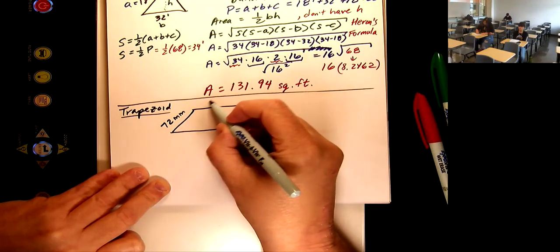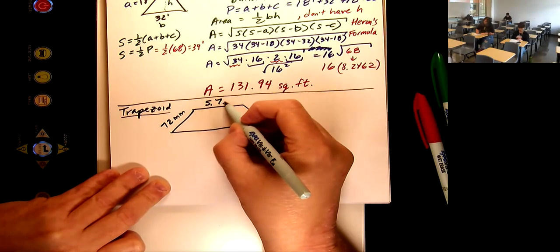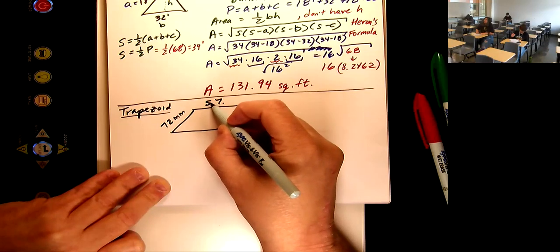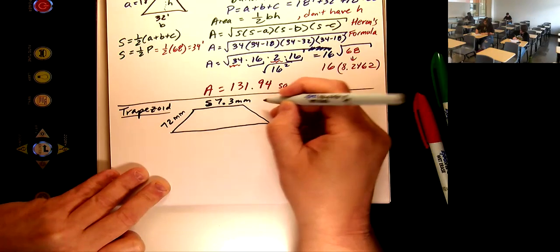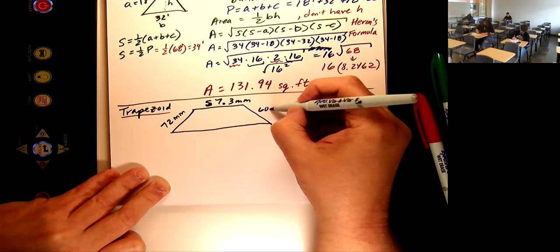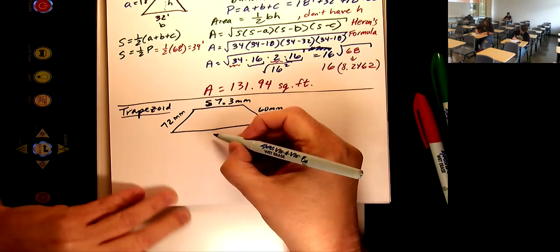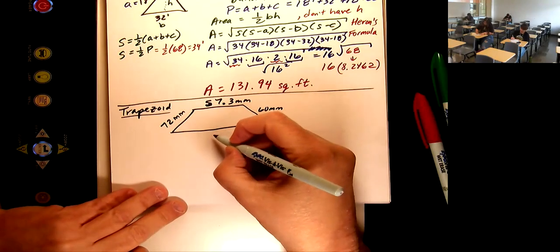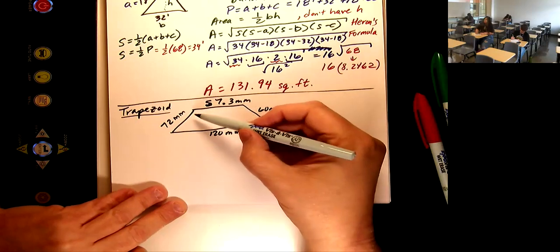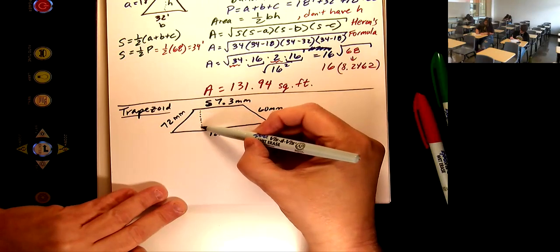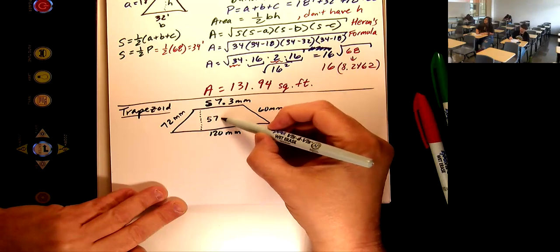This is 57.3 millimeters. This right here is 60 millimeters. And this right there is 120 millimeters. And the vertical height is 57 millimeters.